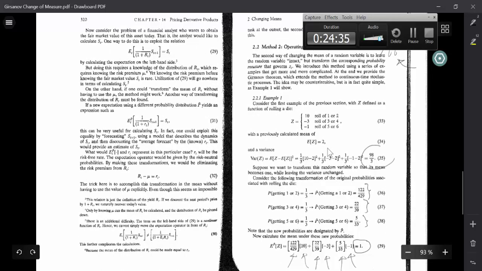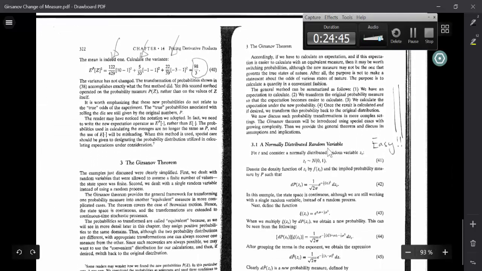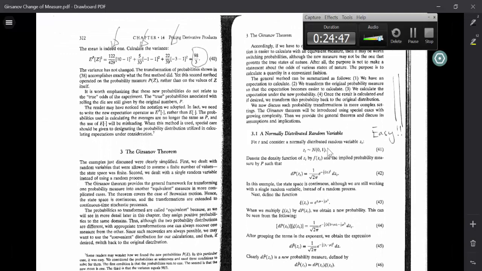Here you go. So that seems to me like a way where you can shift the mean or the expectation of something without changing the shape.